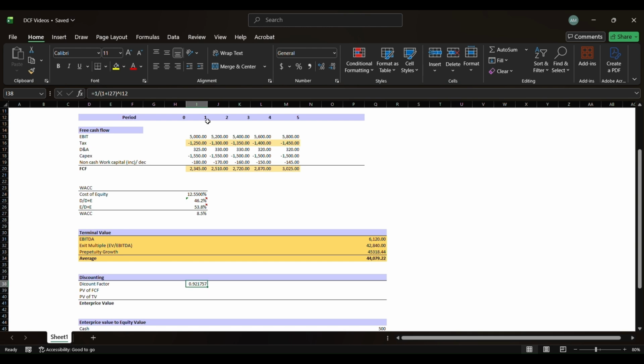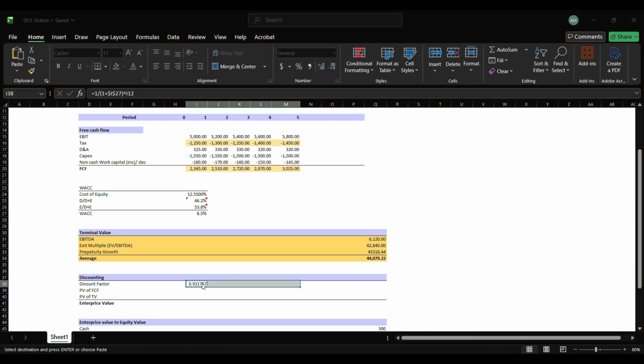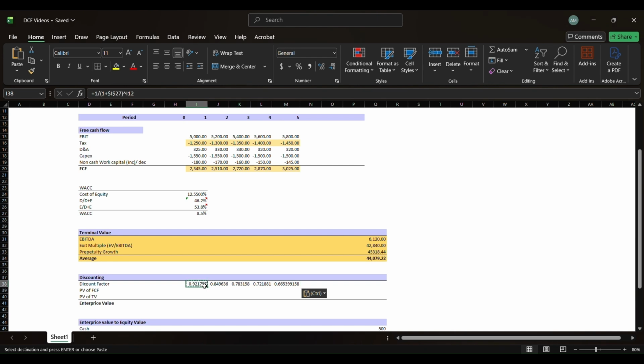Now you have to freeze the discount rate, which is WACC, so press F2. WACC is this, you have to freeze it. Then okay. Then copy it from year 5 and drag this. So you get all the discounted cash flow numbers.